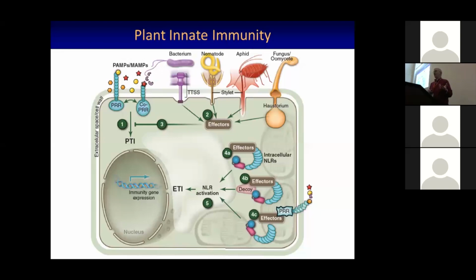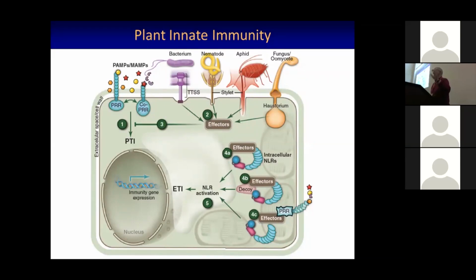Now, what happened basically during the evolution of plants and pathogens, what we found out is that all pathogens, including insects and nematodes, they all have a very common feature. They all inject proteins as virulence proteins into the host cell. And we were starting to uncover what many of these particular effector proteins do.